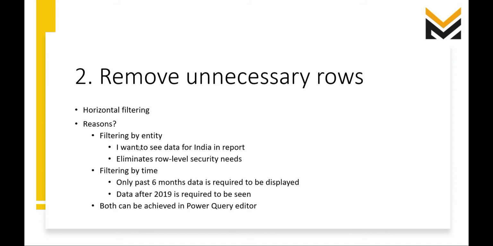Then obviously it doesn't make sense to bring the data from 2015 itself. It's going to add to the misery, and it's going to make your report very large, and it will be an unoptimized report. So both of them can be achieved in Power Query Editor.